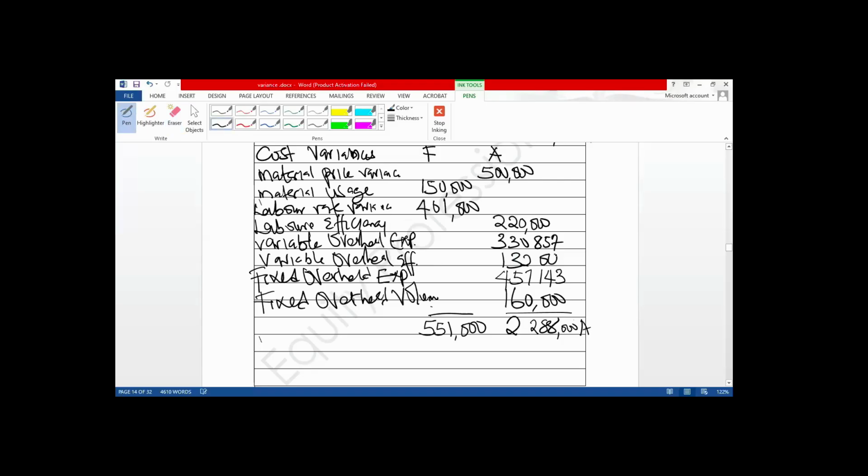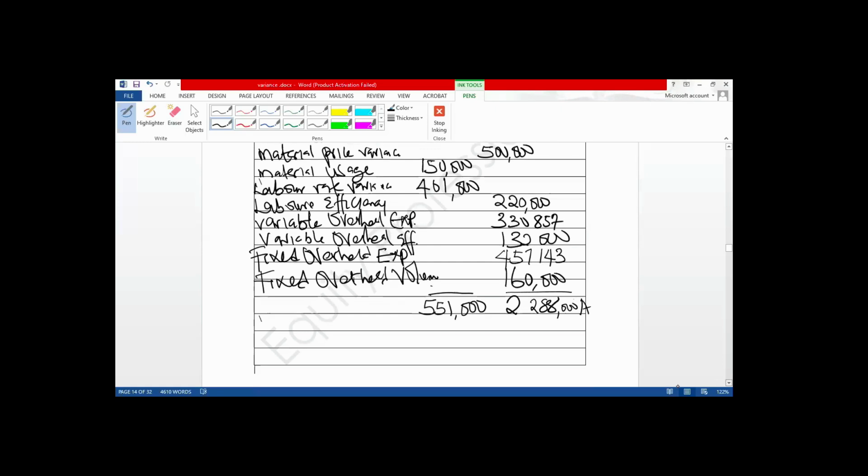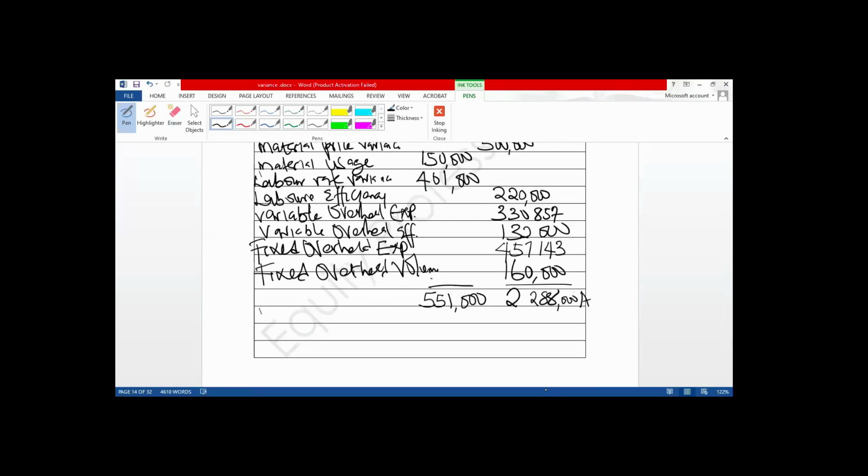The total should be 1.8 million: 457,143 plus 160,000 and the rest.